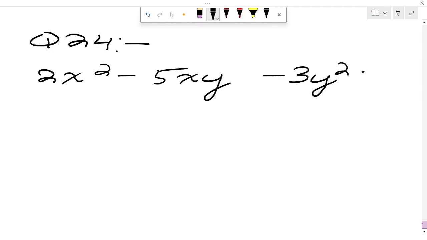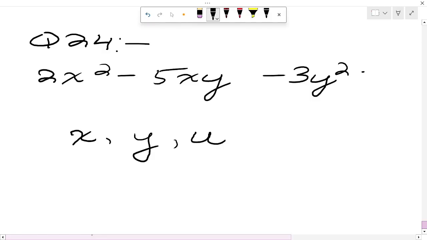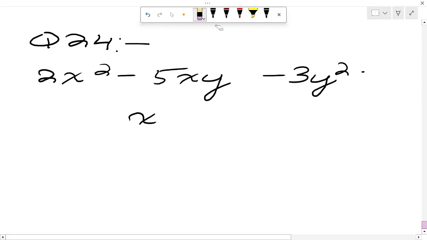Okay, so we need to find the factors. This question is a little bit different. In the previous questions we had only one variable, which was either x or y. In the next upcoming questions it's going to be u, but here we have x and y. Now does this affect our steps? No, not at all. It will be just the same.